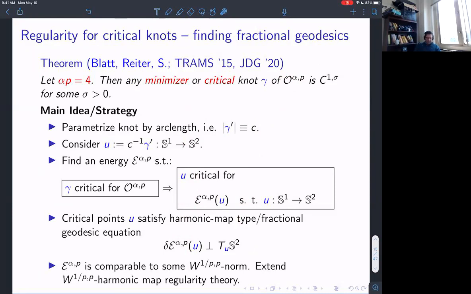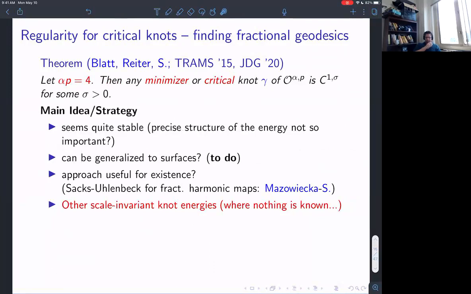But it's not so clear, and every knot energy has somehow different problems. So our strategy now is to understand better when and how this works. The main goal, of course, is to go to surfaces at some point, because there are these self-repulsive energies proposed for surfaces.